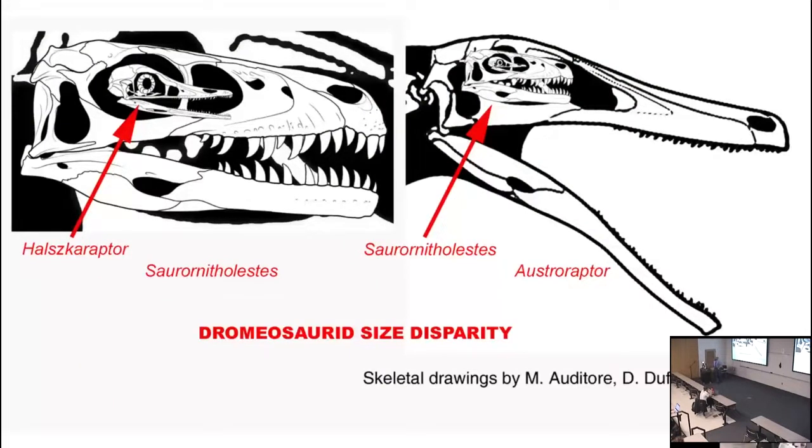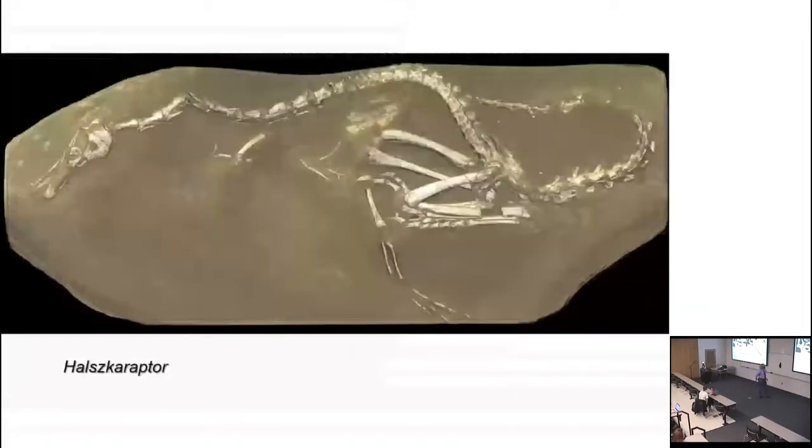So on this side over here, we see the skull of the goose-mimic Hulscaraptor superimposed over the skull of a rather typical old-fashioned style Dromaeosaurid, and then that whole image superimposed over the skull of long-snouted, tiny-toothed Ostromia. So to give you a sense of a variety of sizes in this clade.